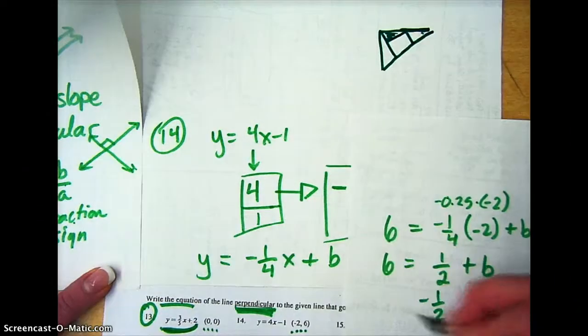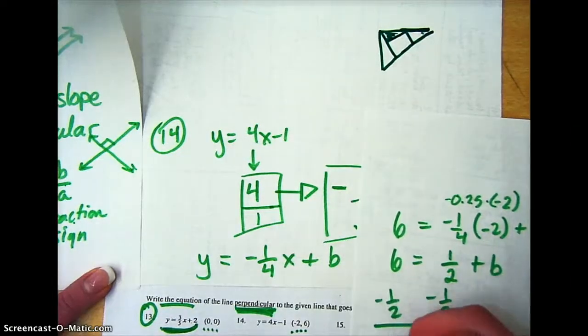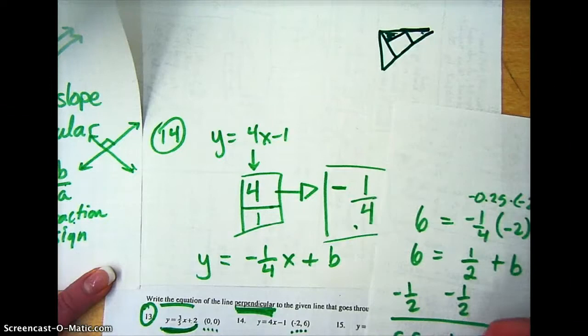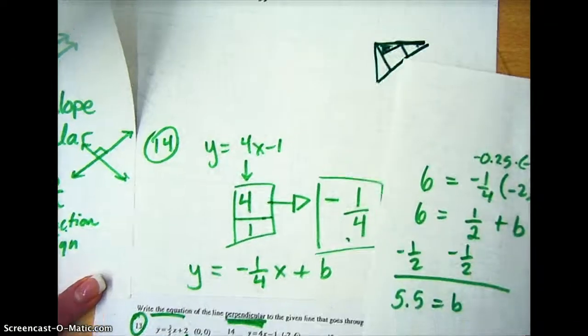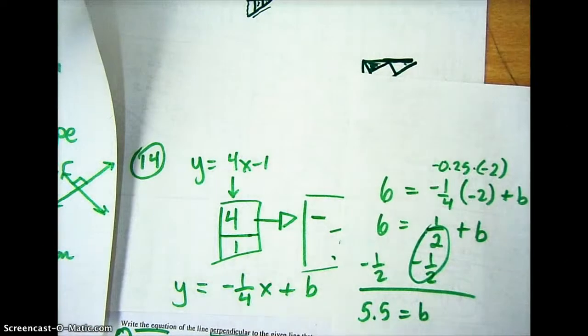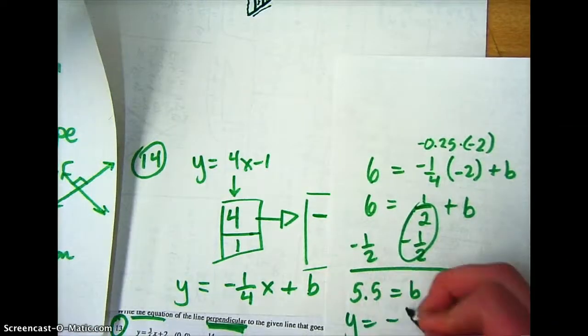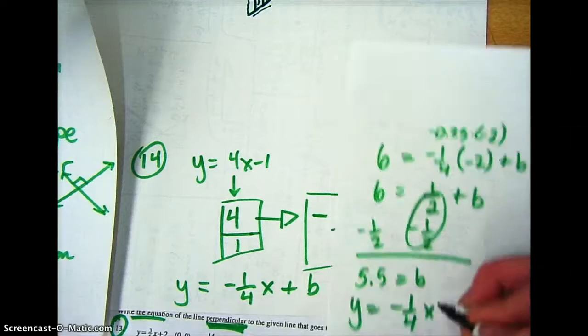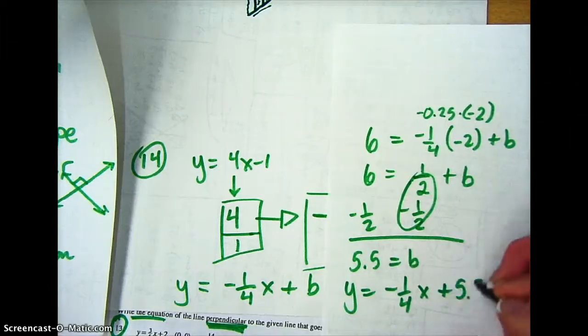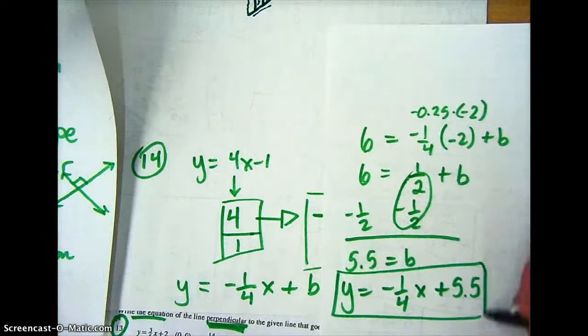Subtracting 1/2 from both sides, I get 5.5 equals b. Okay, b's alone, 5.5 is b. So my rule for question 14 is y equals negative 1/4 x plus 5.5. There's the answer for number 14.